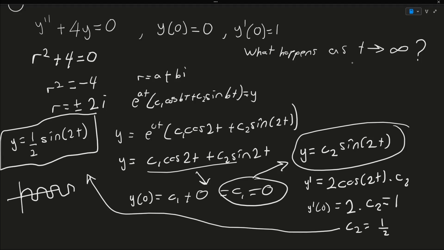As t approaches infinity, sine of 2t just oscillates, bounded between negative 1 and 1, inclusive. So since we're multiplying this by 1/2, it oscillates between negative 1/2 and 1/2, inclusive.